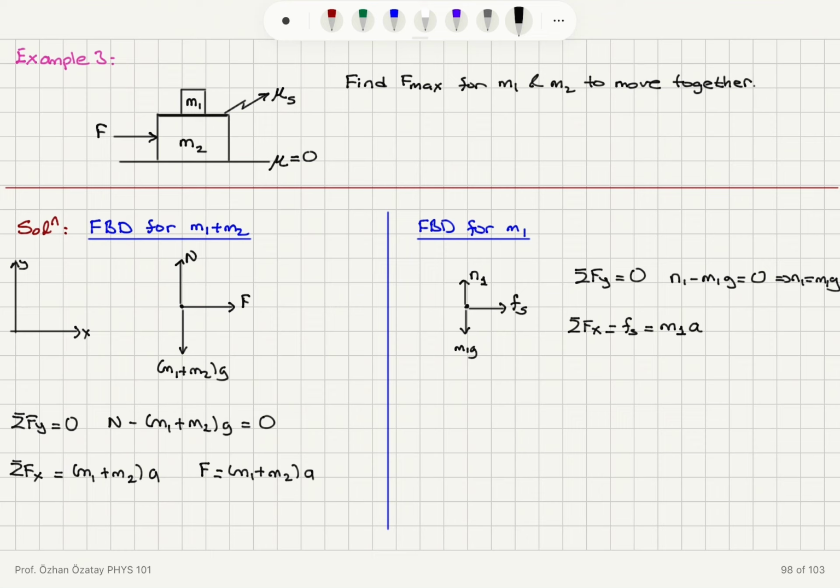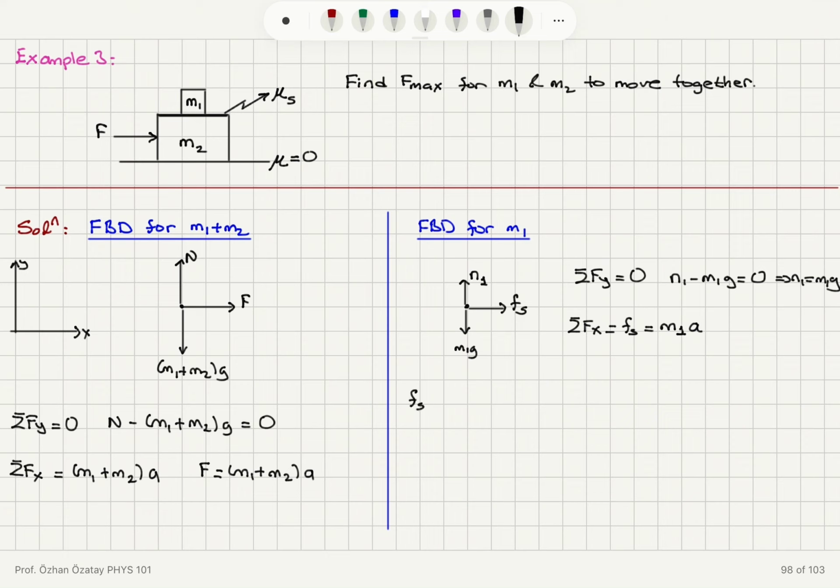Because the object is not to move on M2, it has to move together with M2. So this static friction is causing this acceleration, and this acceleration is not with respect to M2, so it doesn't actually cause a motion against the surface of M2. If it did, then it would be kinetic friction we have to consider.